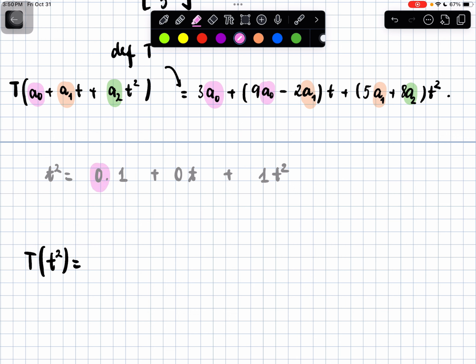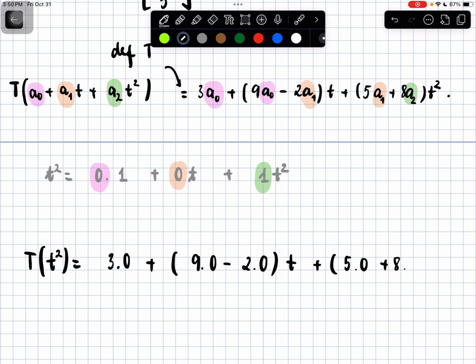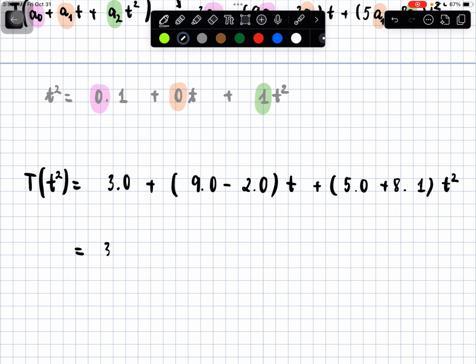Plugging into the formula, 3 times 0, 9 times 0, and so on, this is actually 0 times 1, 0 times t, and 8 t squared.